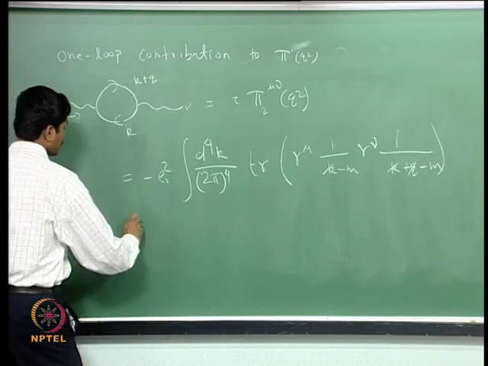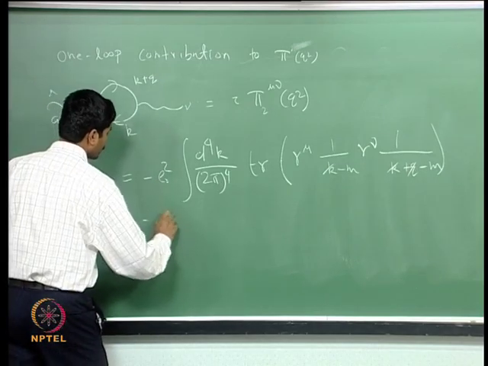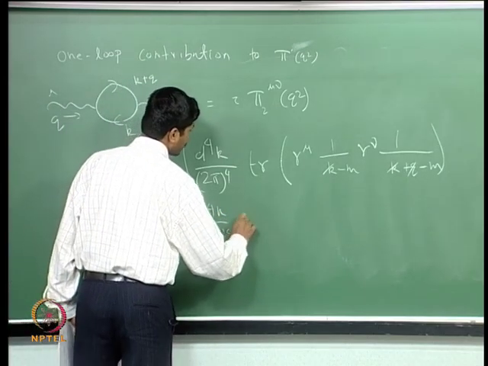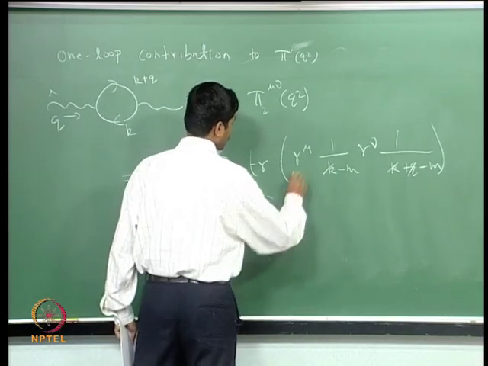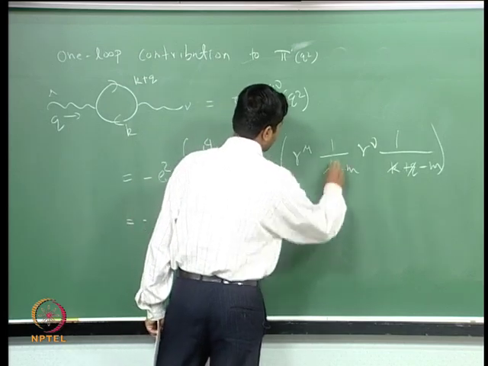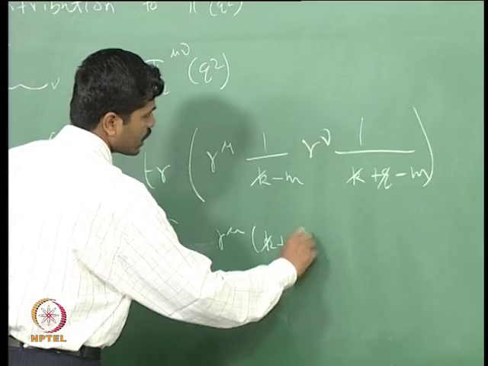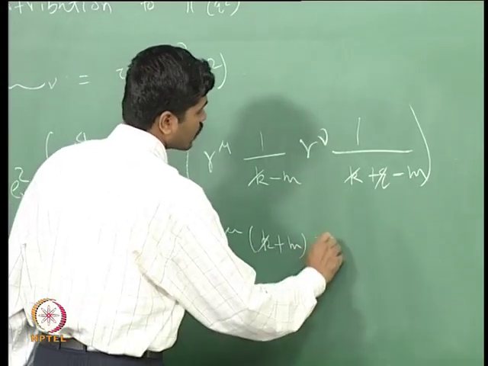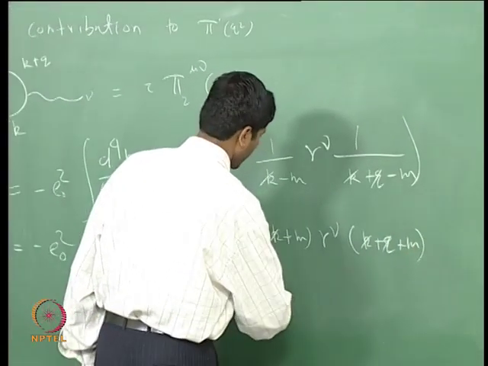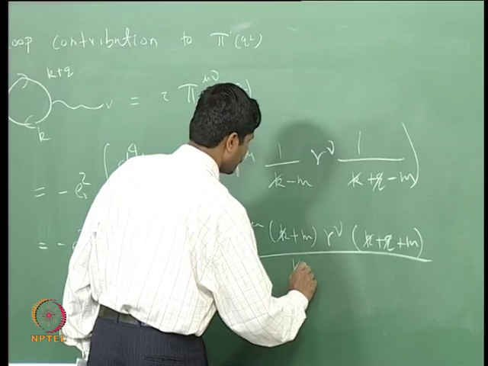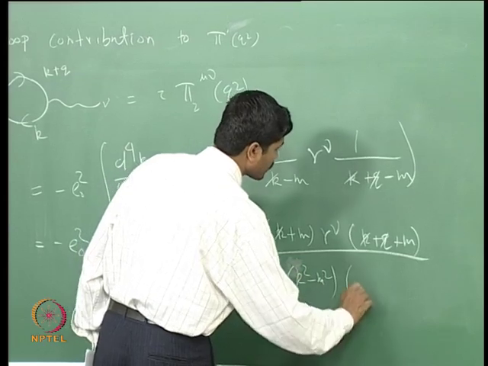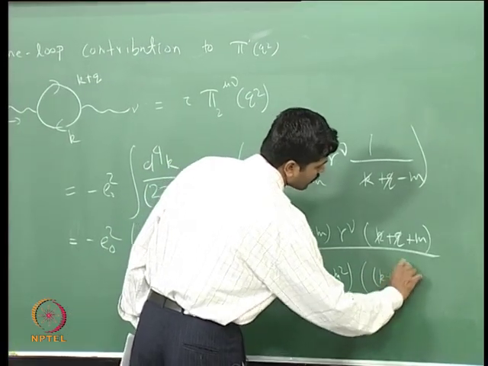So, I will rewrite this term to be minus e_0 squared d^4k over (2 pi)^4 trace of gamma mu, then this will be k slash plus m, gamma nu, k slash plus q slash plus m, divided by k squared minus m squared times (k plus q) squared minus m squared.